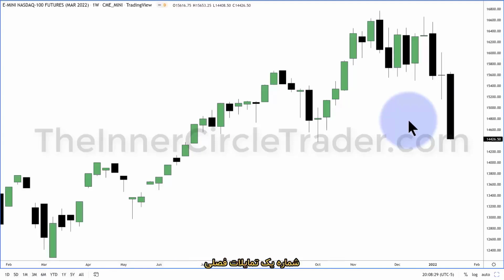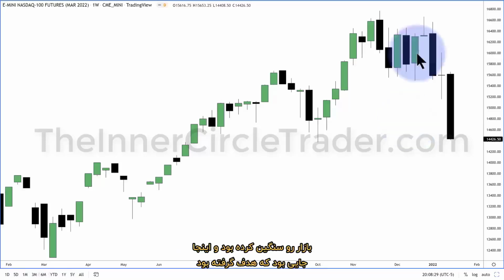Number one, seasonality. Seasonal tendencies, it tends to go down around this time anyway. We also have discussions about how the Fed's going to raise interest rates. Stock market does not like that. We're also in earnings season. There's a lot of volatility because of earnings, and those factors, plus the underlying tone of the marketplace, which I'll show you when we get into the daily chart, it just, well, it's heavy.